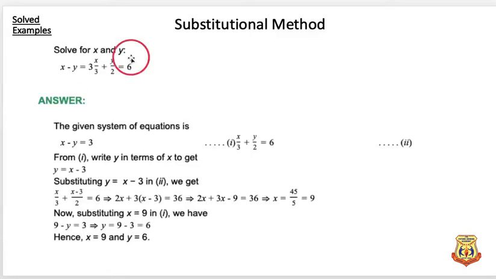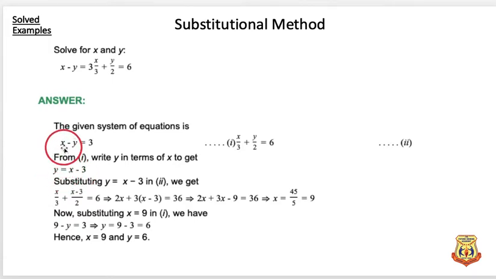Now this is an example of the substitution method. This is our equation. Equation 1 is x minus y is equal to 3, and equation 2 is x by 3 plus y by 2 is equal to 6. How to do this? From the first equation, we'll take out the value of y.